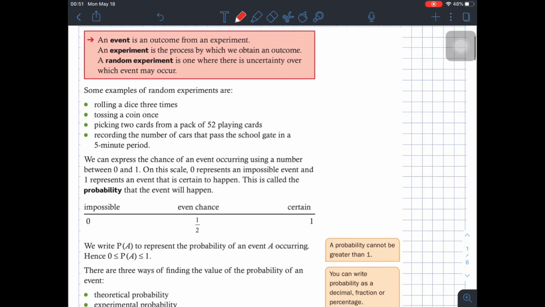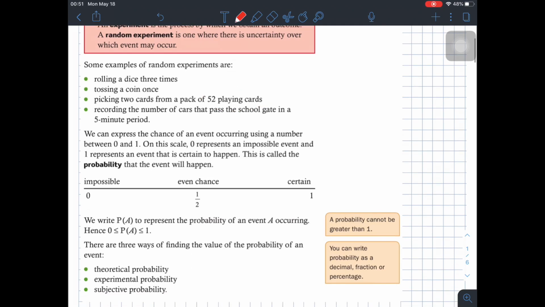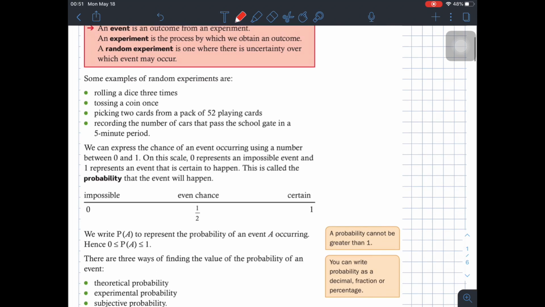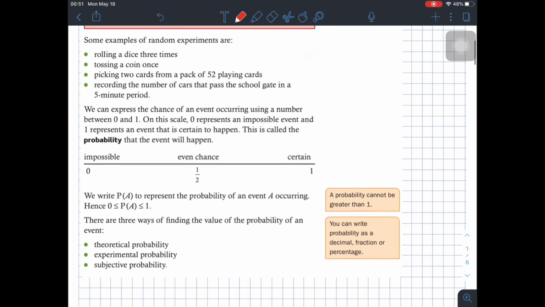Okay, some examples of random experiments are rolling a dice 3 times, tossing a coin once, picking 2 cards from a pack of 52 playing cards, recording the number of cars that pass the school gate in a 5-minute period. Okay, so these are all random experiments in which we could determine the different probabilities about different events occurring in each of these examples. Okay?